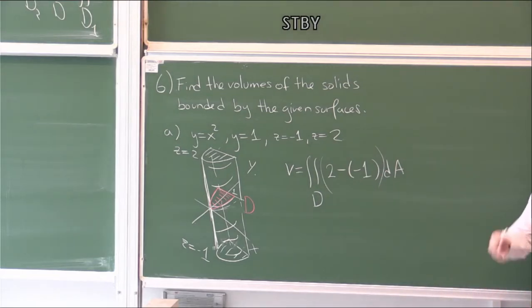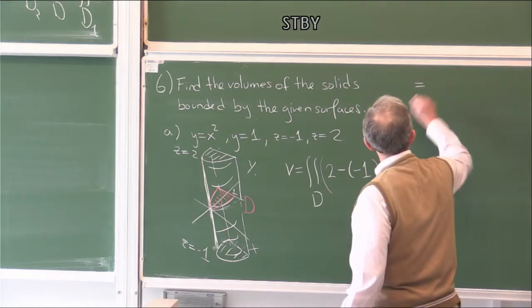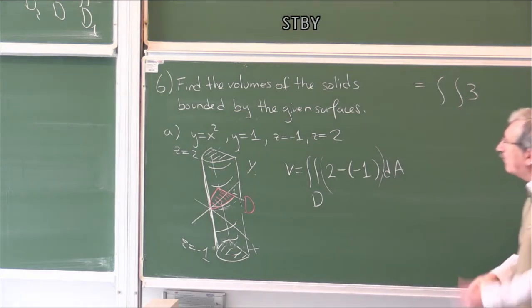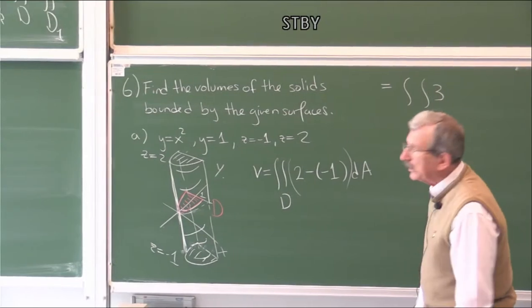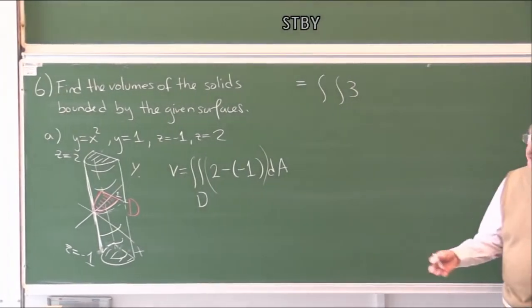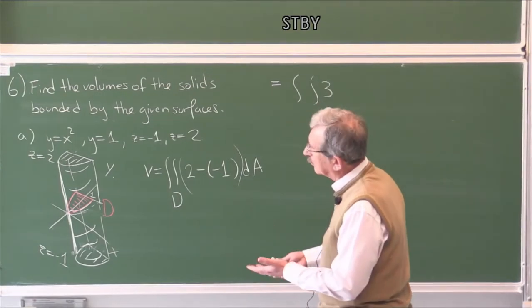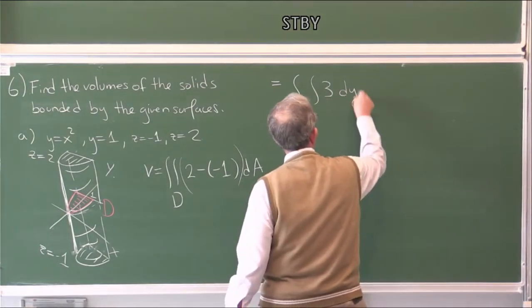One is z equal to 2 from the top. The other one is z is minus 1 from the bottom. So it happens that we are integrating 3 over D, but D, as in the previous example, is a region which is simple with respect to y or x first. So say we use y first.